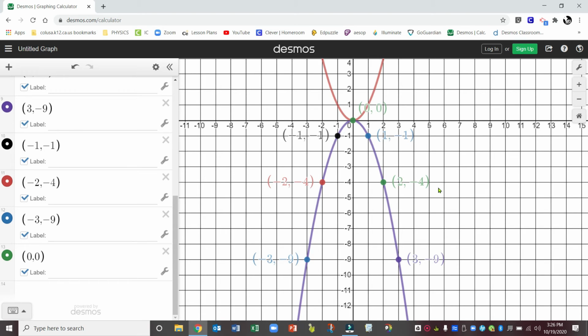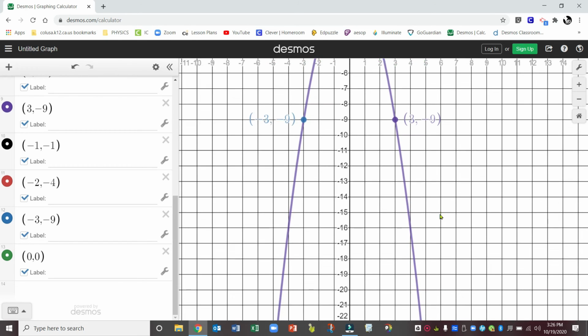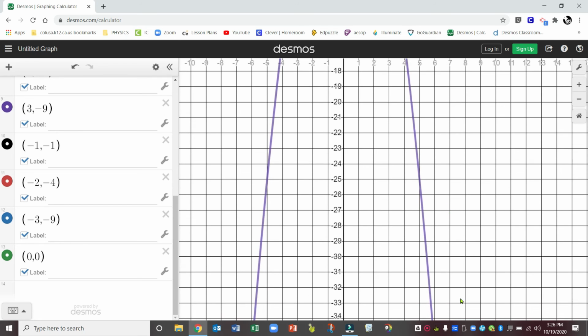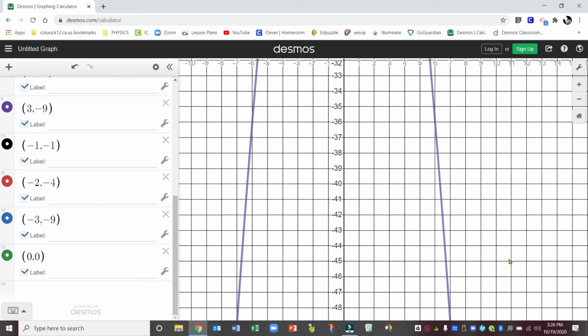So we can see our domain right now is going to be made up of 0, -1, 1, -2, 2, -3, and 3. But what about the points further down on the graph that we can't see? You should be able to tell that the graph is getting wider and wider, and it's going to continue to get wider forever.